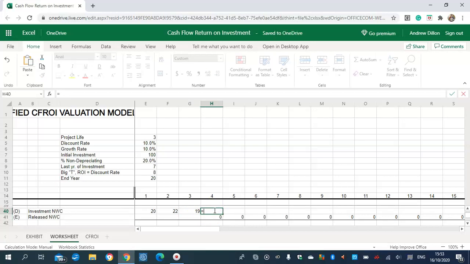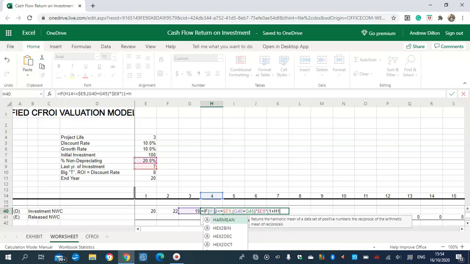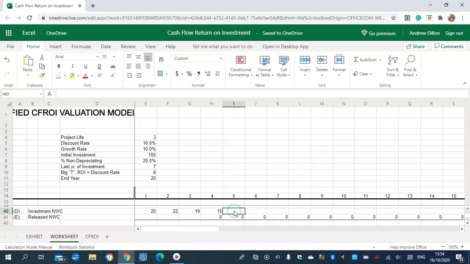Investments number 4. Bracket multiplication, $78. Okay, number 5.